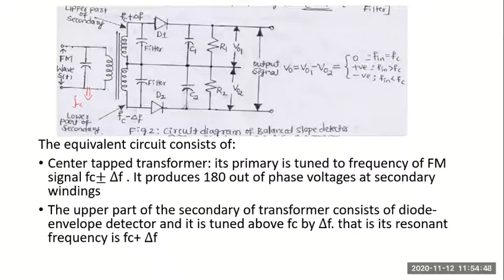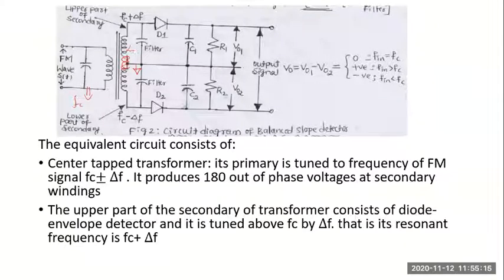At the secondary, I am splitting the secondary windings into two halves, and we are going to make use of a center tap. So we have a center tap. You can draw it continuously like this also and show the center tap. So the secondary winding makes use of a center tap, and the upper half of the transformer secondary will have an inductance value.